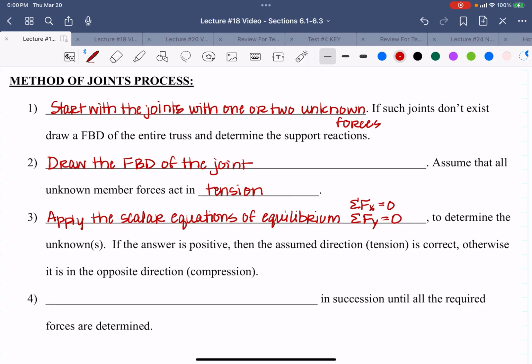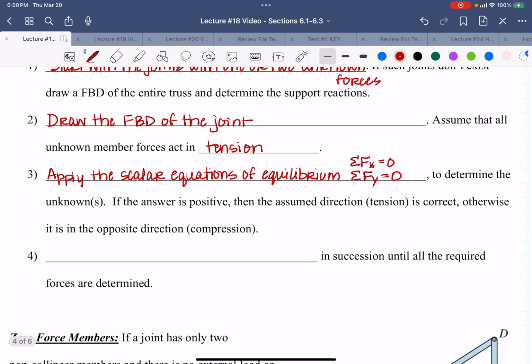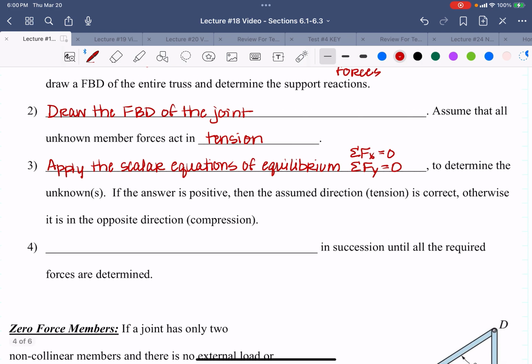Remember, we can't use moments because we're only looking at a single point, so we don't have any distances. And remember, if the answer is positive, then our assumed direction tension is correct. Otherwise, it's in the opposite direction and it's in compression. Then we're going to repeat steps 2 and 3 until we solve for all the forces we're looking for at each joint.